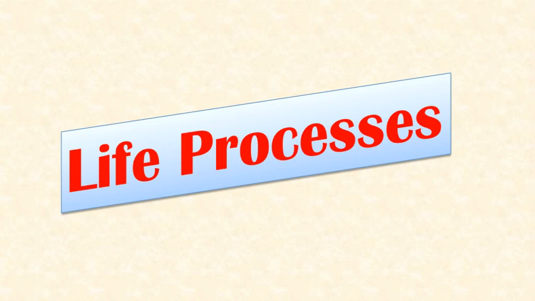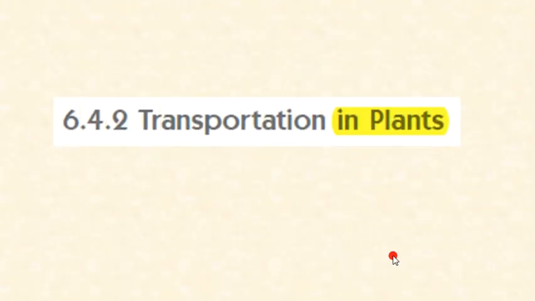We saw our heart, our transport system organ, the pump, and that oxygen enters the blood in the lungs. Blood vessels, maintenance, we have seen all these. Now in today's lecture we are going to study transportation in plants.